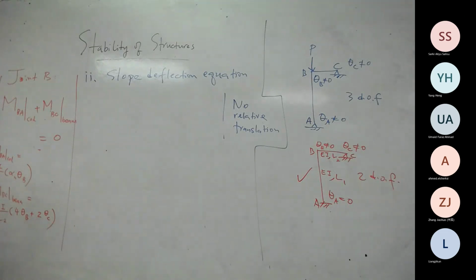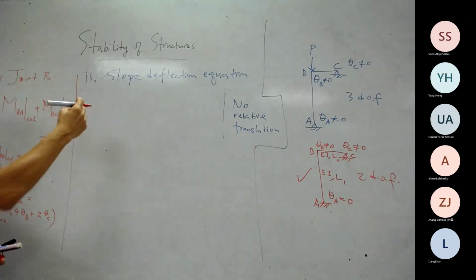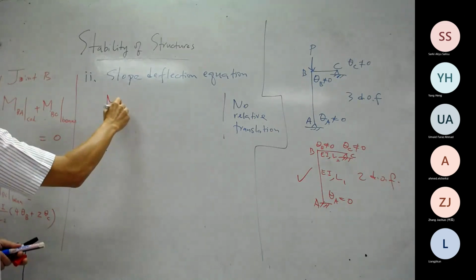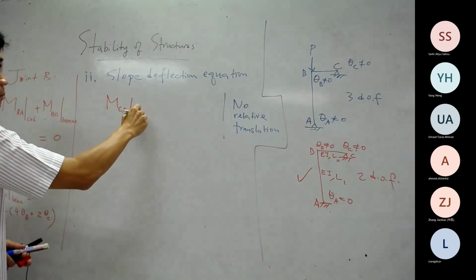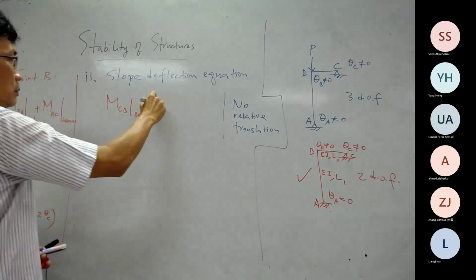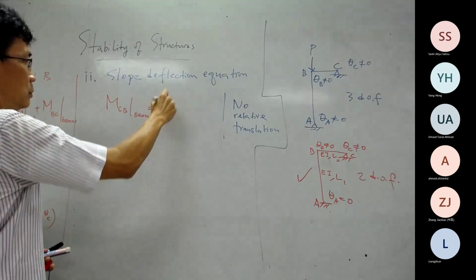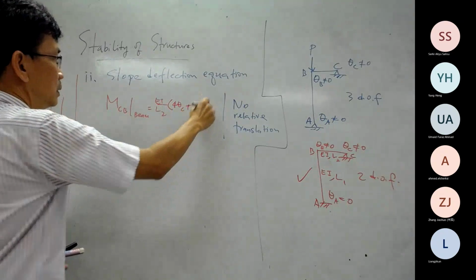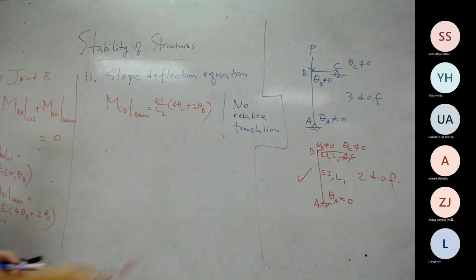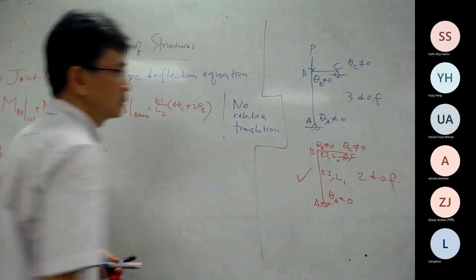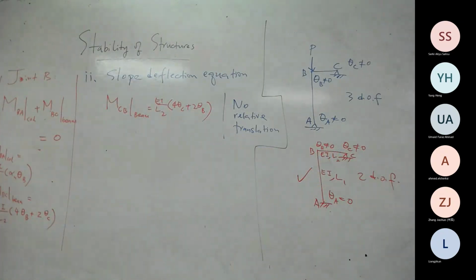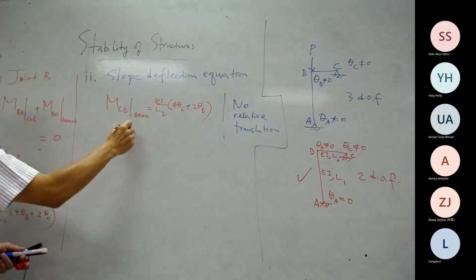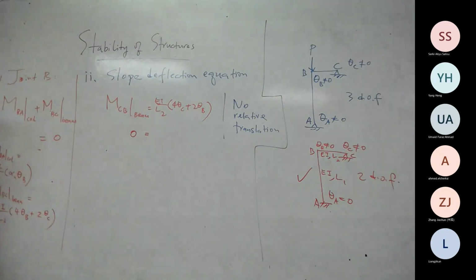But you can also make use of the conditions of MCB of the beam, which is equal to EI over L2 times 4 theta C plus 2 theta B. This end C of beam BC is a pin end, so this becomes 0.